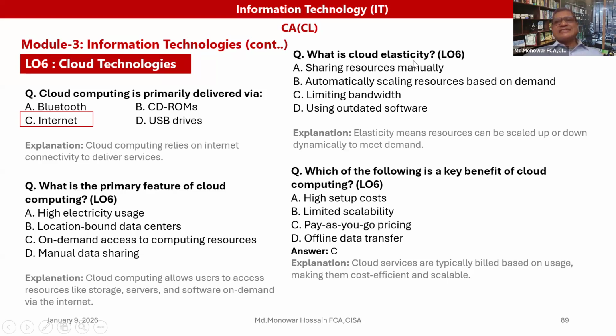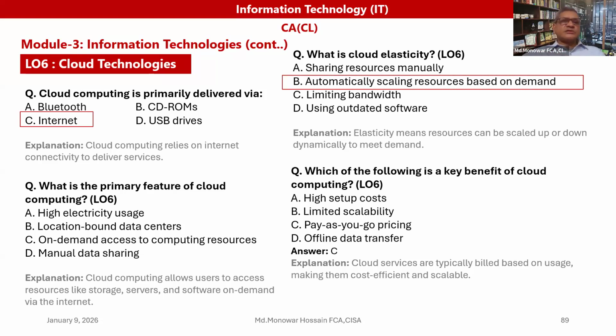What is cloud elasticity? Cloud elasticity is automatically scaling resources based on the demand, because elasticity means resources can be scaled up or down dynamically to meet the demand of the organization or user.